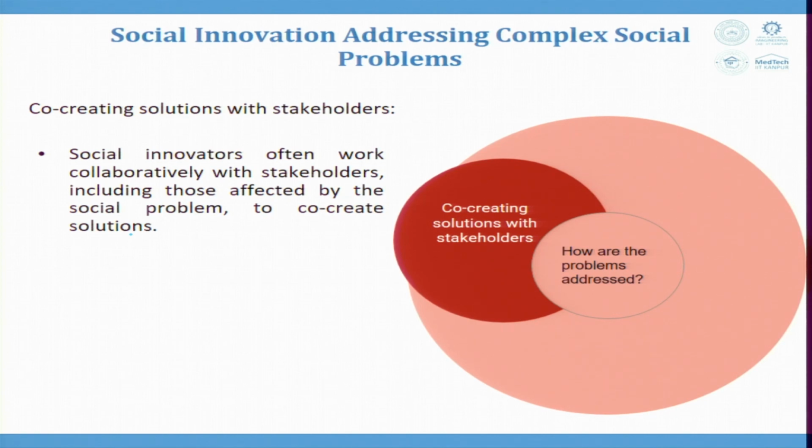You yourself cannot create a solution. You have to co-create the solution along with the people who are affected by the social problems. This is called co-innovation. Keep them in the loop. Then they give more and more insights.